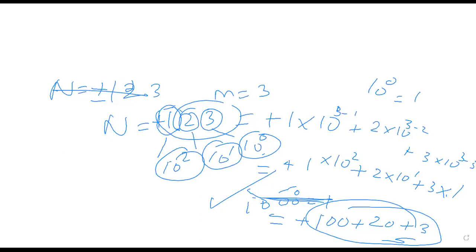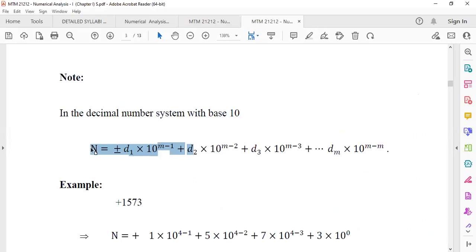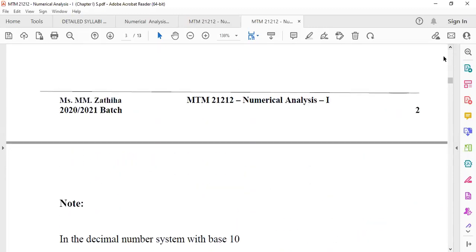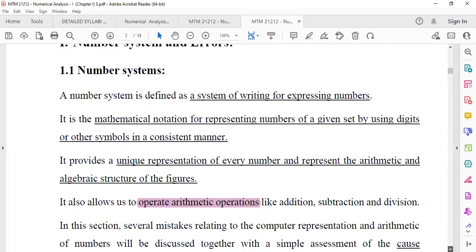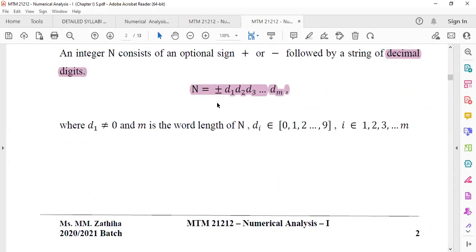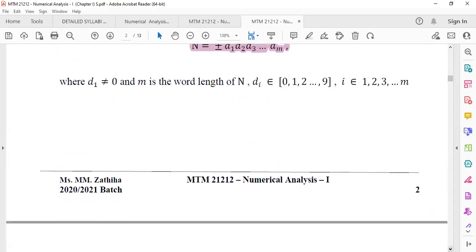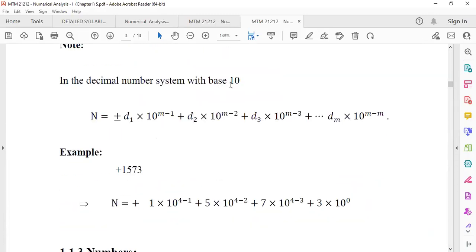So you understand that number system representation. Let me continue. This is what they say: the number system plus or minus d1, d2, d3 up to dn can be written in the decimal base 10 format as d1 times 10 to the power n minus 1 plus d2 times 10 to the power n minus 2, up to dn times 10 to the power 0.